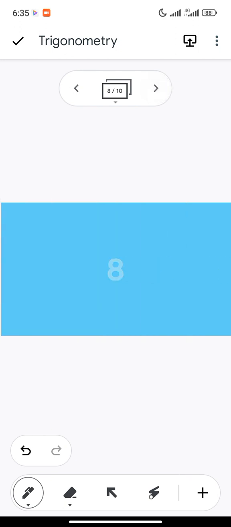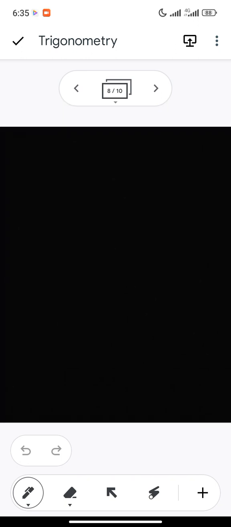So we're going to take more examples on this, where we have to apply what we did earlier on, SOHCAHTOA and so on and so forth.